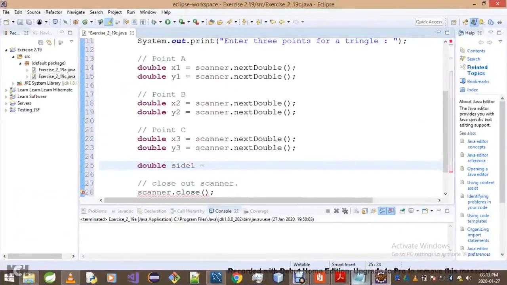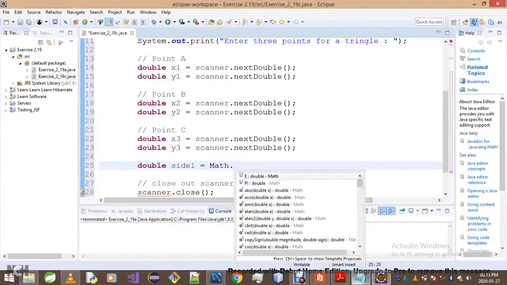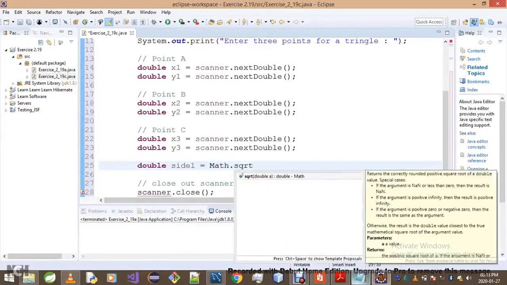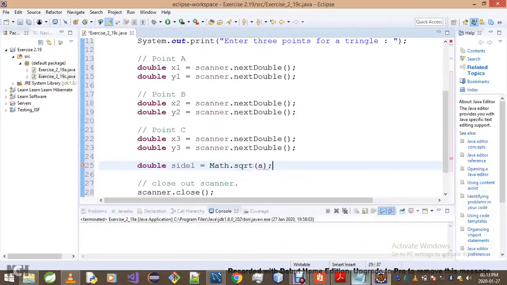So we're gonna have side 1, which is simply the distance between A and B. So that will simply be given as Math.sqrt of what?